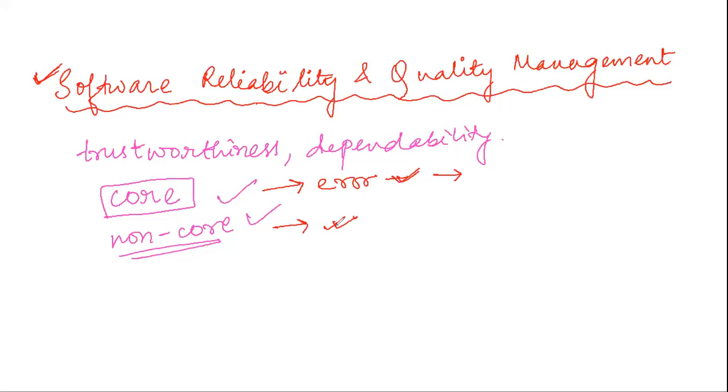So, based on this discussion, we can say that the reliability of any product depends not only on the number of latent errors but also on the location of those errors.